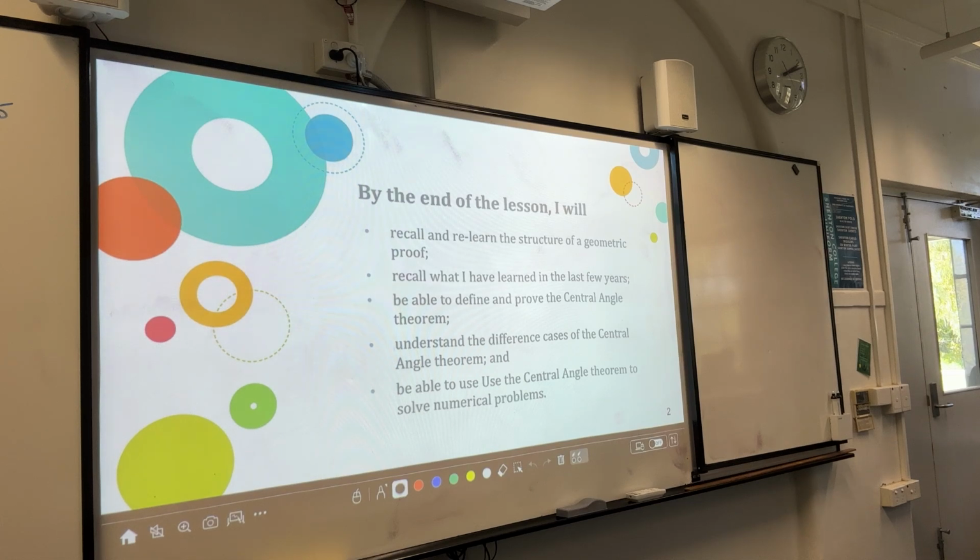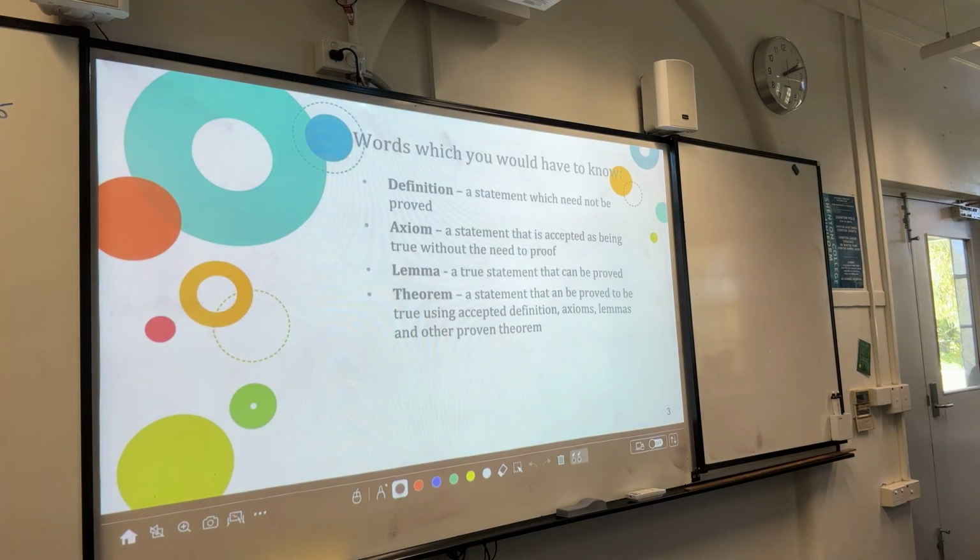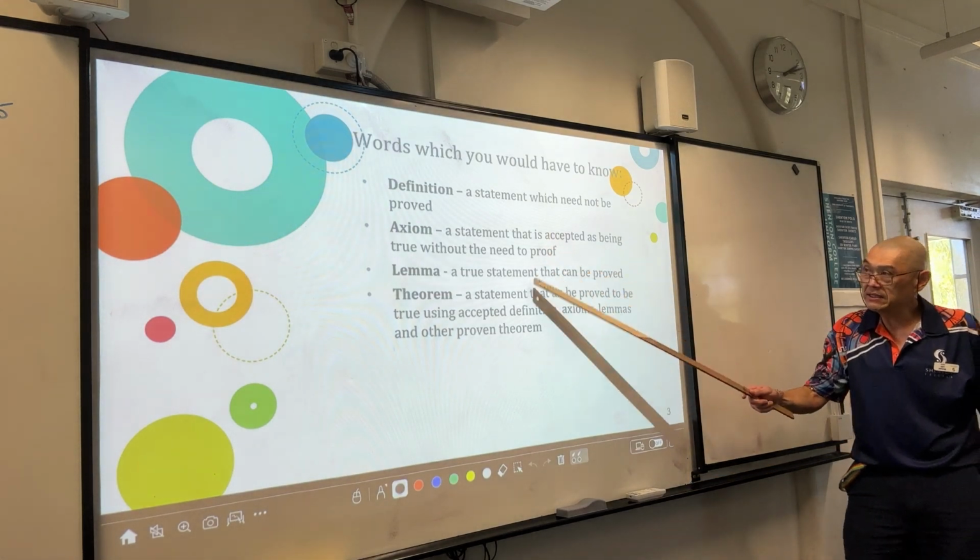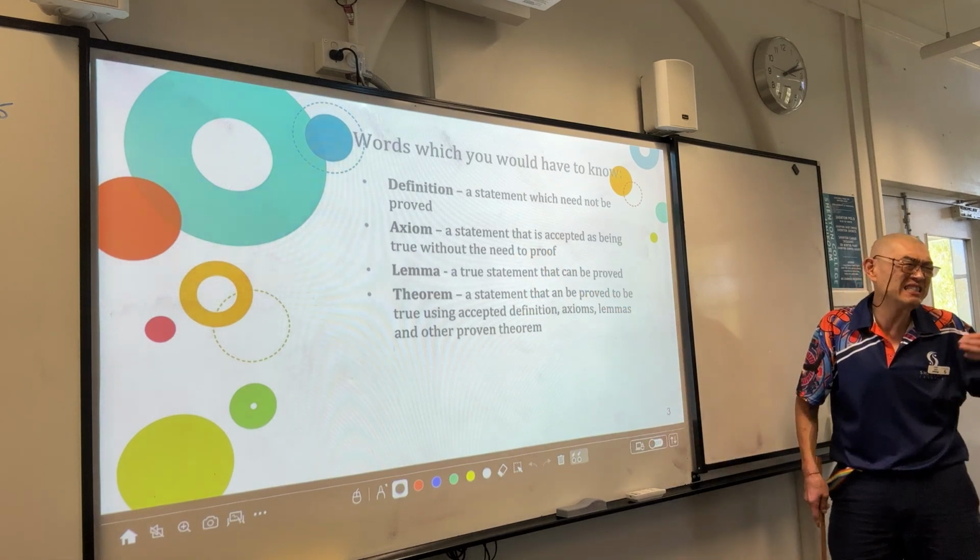Now, before that, we need to learn a few new words. You should know the word definition, but I'm sure you haven't seen the word axiom before. You might have seen lemma and theorem. So we need to understand these a little bit.